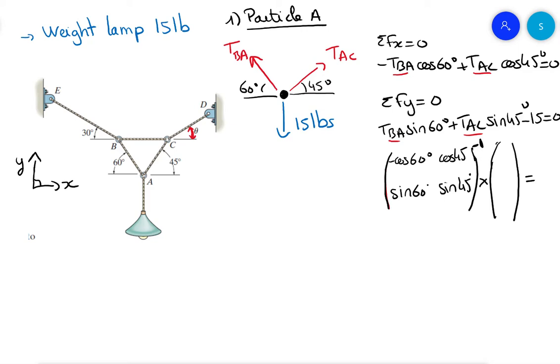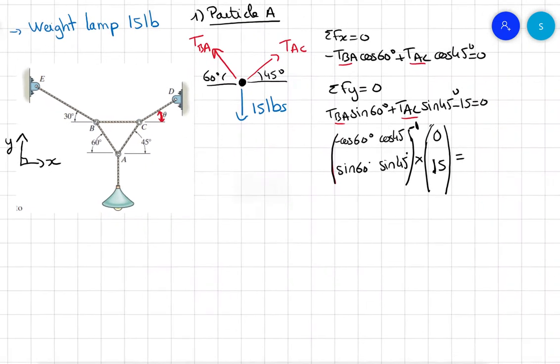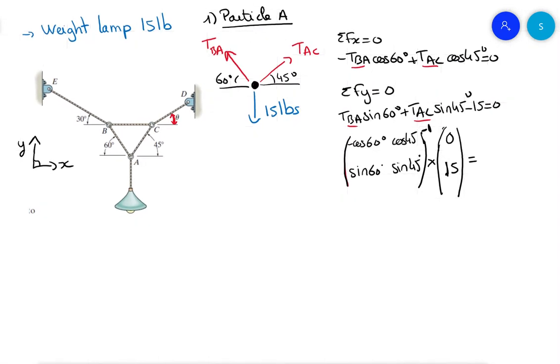And for this one, we have the minus 15, so when you go to the other side, it will be plus 15 and 0. Okay, so when you solve your matrix, the first answer is TBA, and the second answer is TAC. For TBA, we found 11.0 pounds.